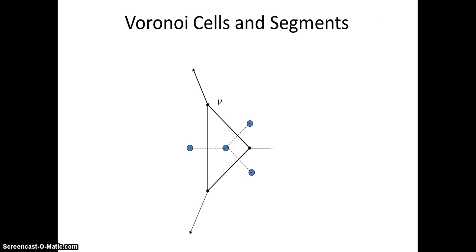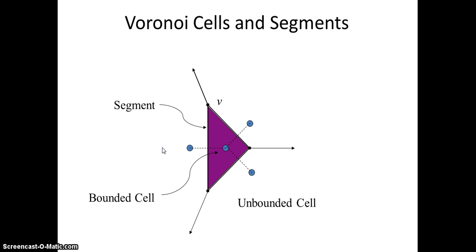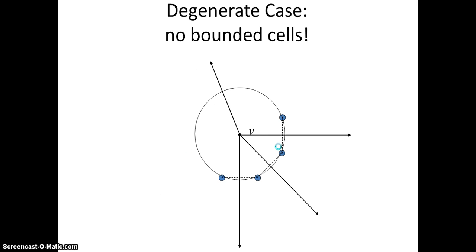Now, if we have 4 sites, then these 4 sites result in this particular diagram, with a bounded cell and unbounded cells as shown. This segment is the bounded edge, and these 3 segments are the unbounded edges, or half lines. There is another degenerate case when 4 or more points are co-circular.